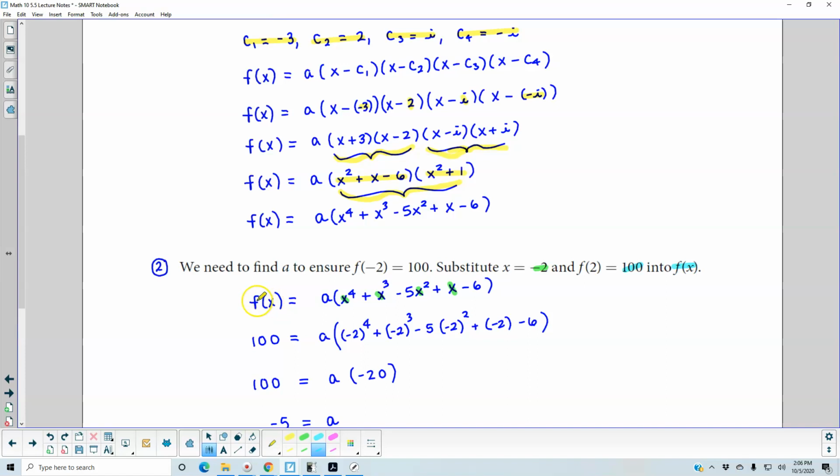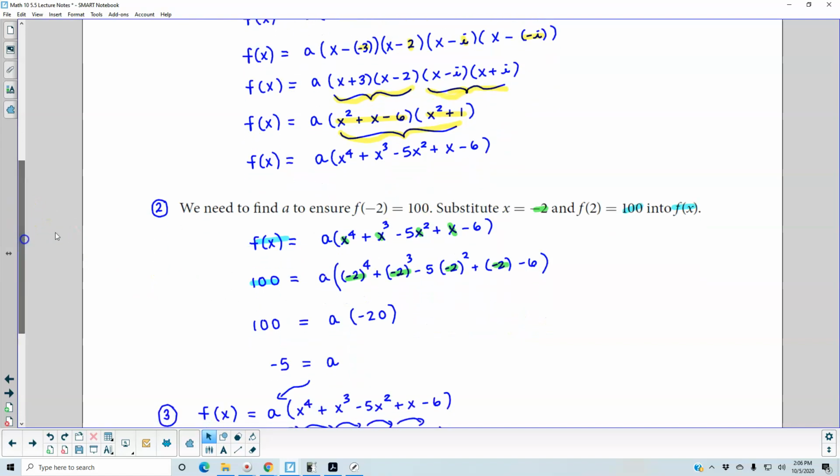We plug in -2 for x and follow the order of operations. So we have a times (-2 to the fourth power plus -2 to the third power minus 5 times -2 to the second power plus -2 minus 6).